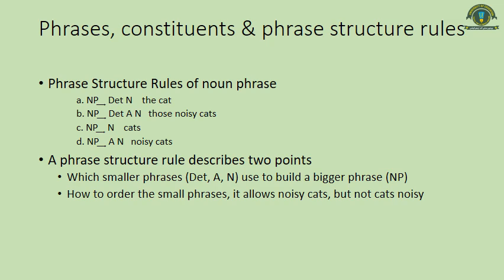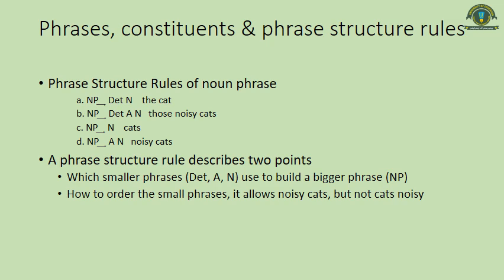You can see in part A, noun phrase is made of determiner and noun, the cat. And second, noun phrase is made up of determiner, adjective and noun, those noisy cats. And third, noun phrase is made up of only noun, cats. And the last rule is, noun phrase is made up of adjective and noun, noisy cats.